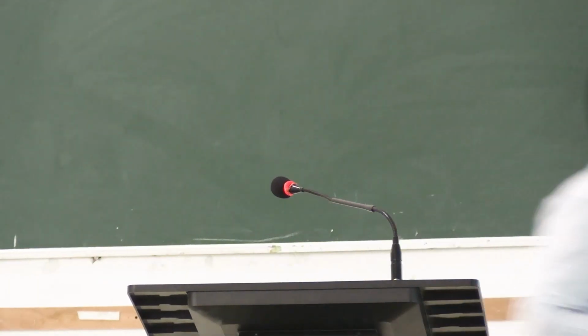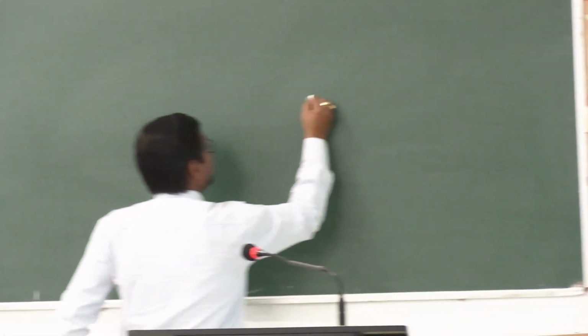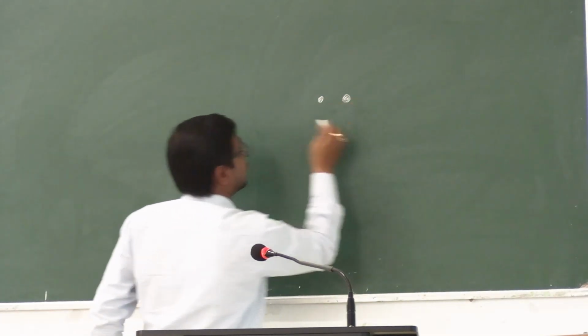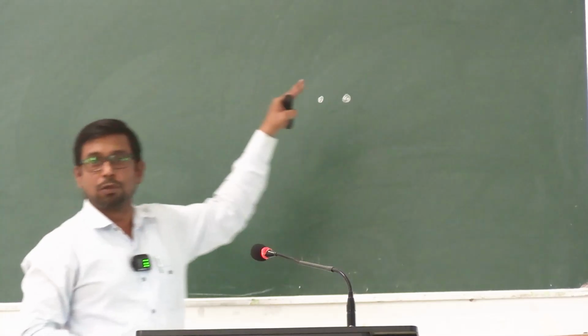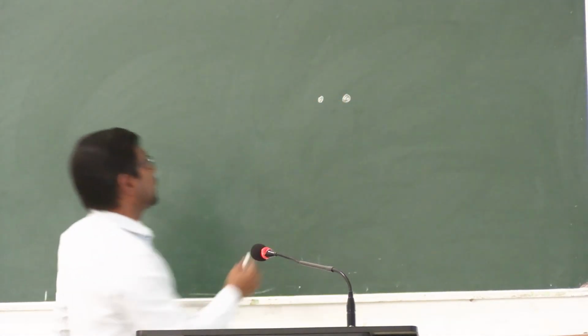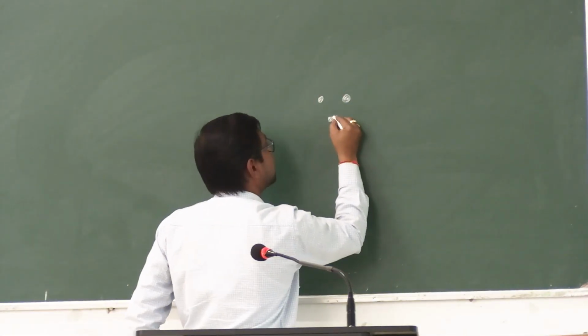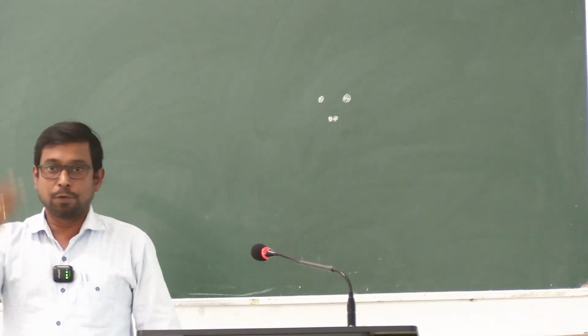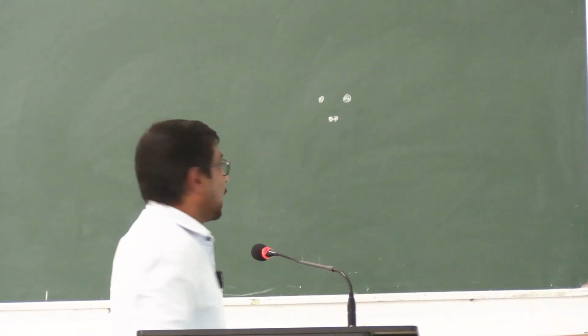And the resolution obviously depends on something. I will draw this. If there are two dots, you can easily distinguish them with the normal eye, but when these two dots are very near, maybe you cannot distinguish them.